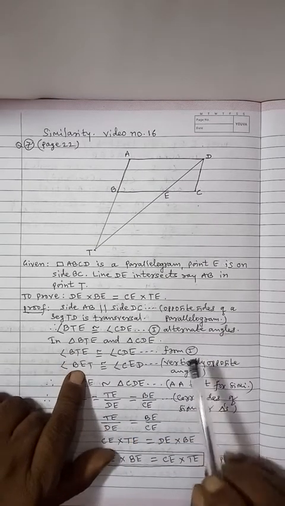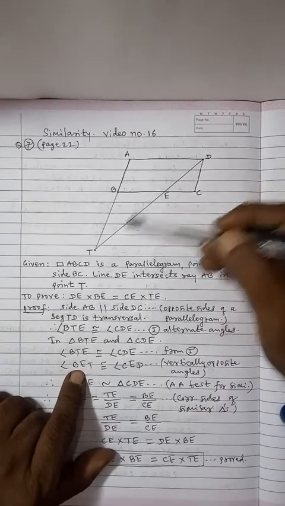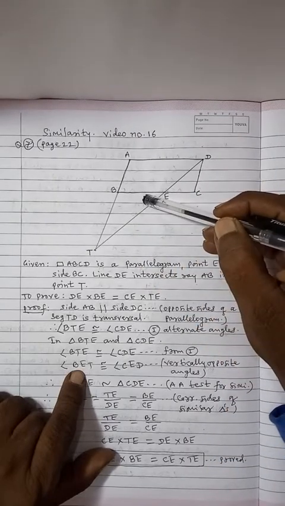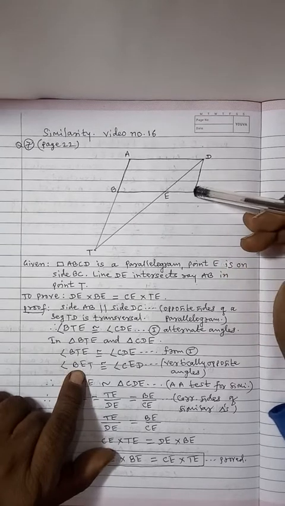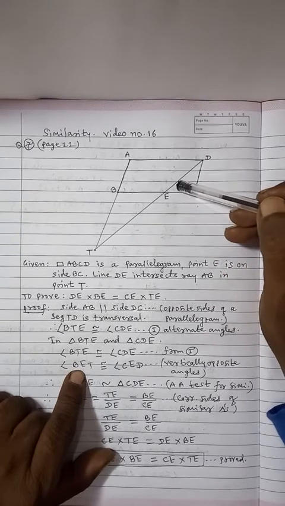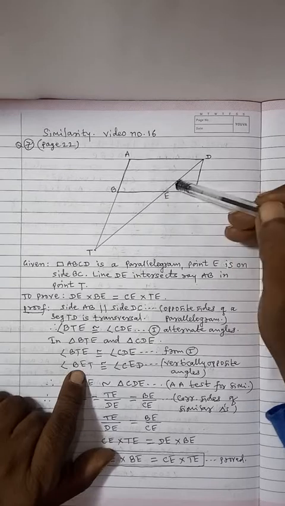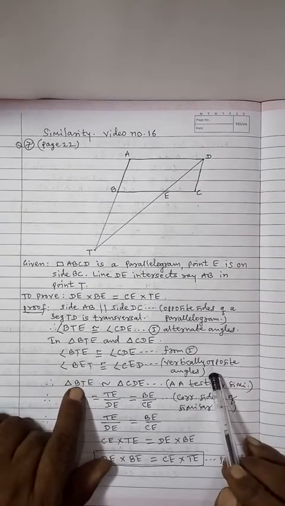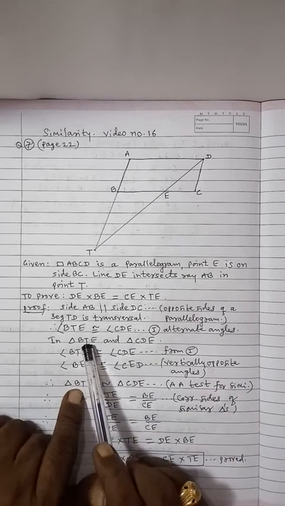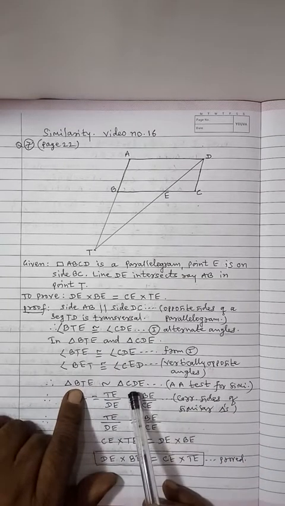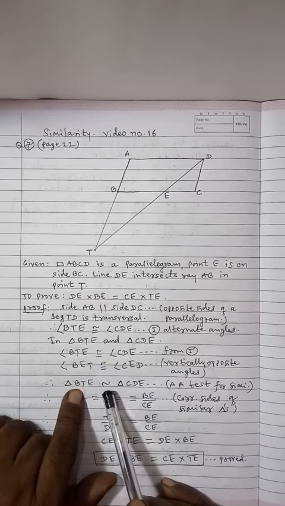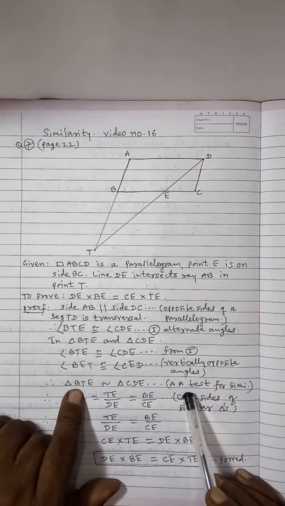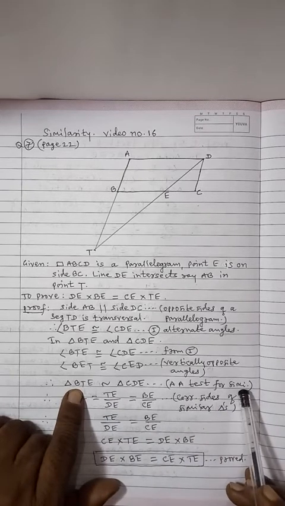Now angle BET is congruent to angle CED. Reason for this, vertically opposite angles. Therefore, triangle BTE and triangle CDE are similar to each other. Reason for this, angle test for similarity.